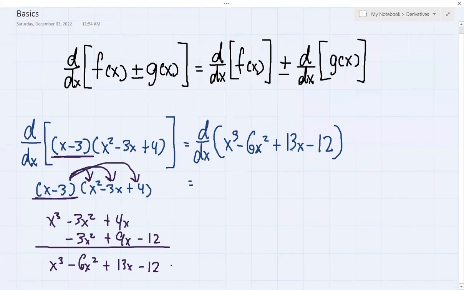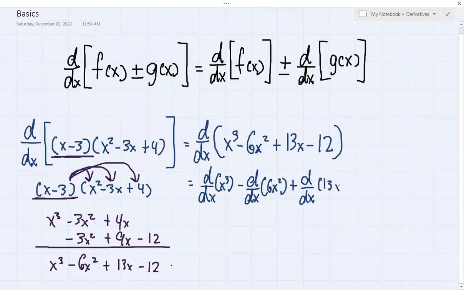So now, since naka-expand na siya, we can now use sum and difference rule of differentiation. So, pwede na. So, we will have the derivative of x cubed, minus the derivative of 6x squared, plus the derivative of 13x, and minus the derivative of 12.